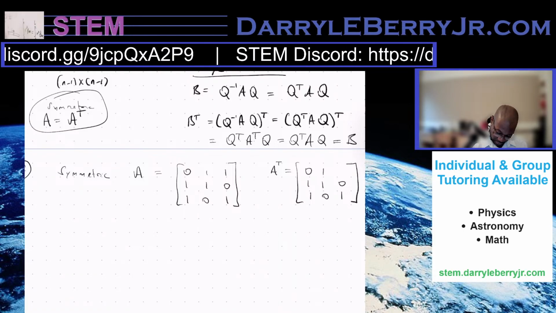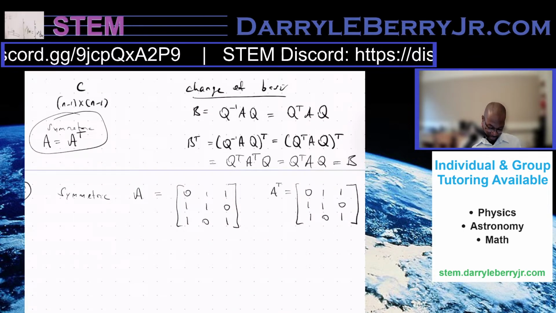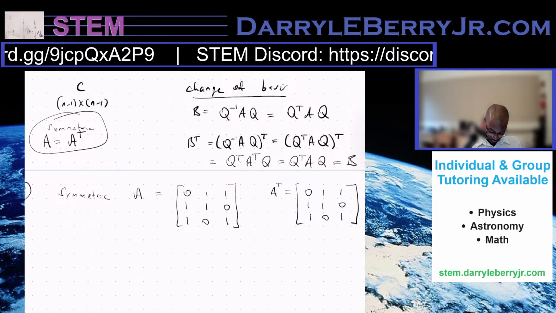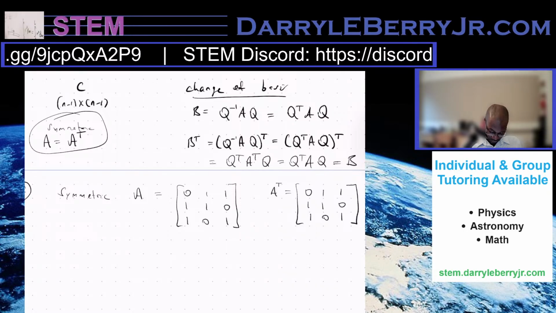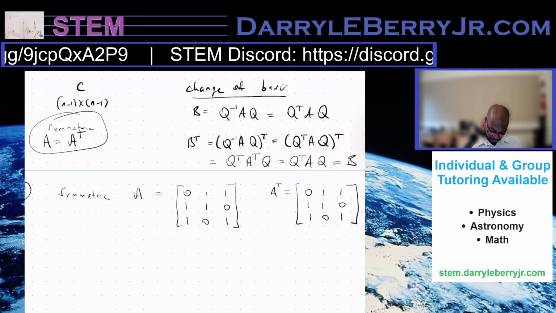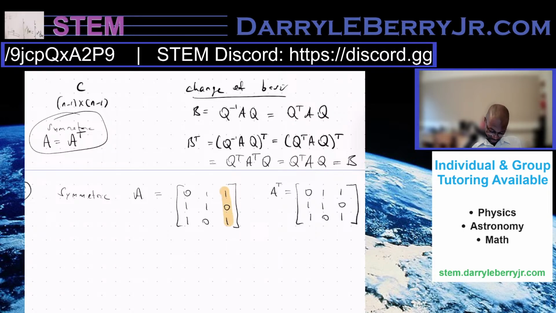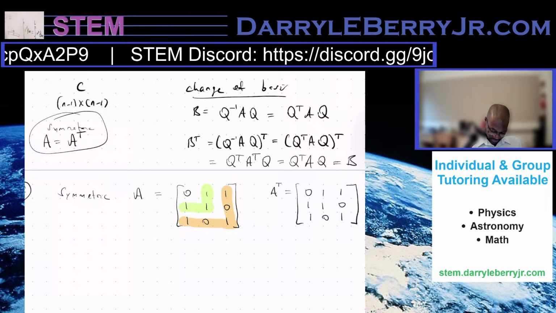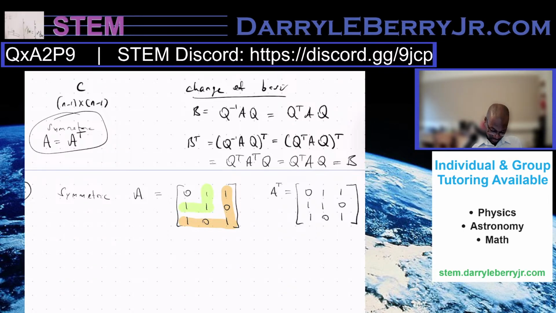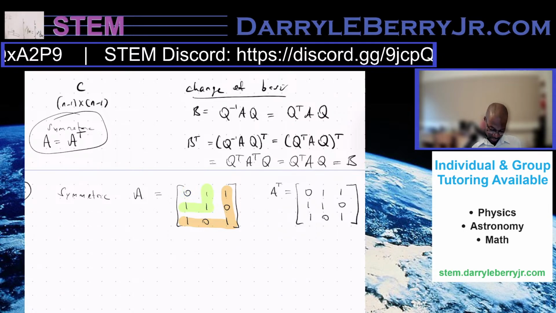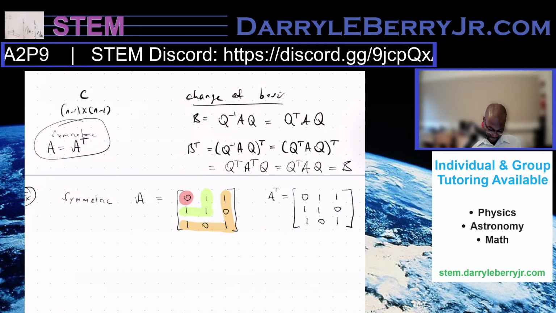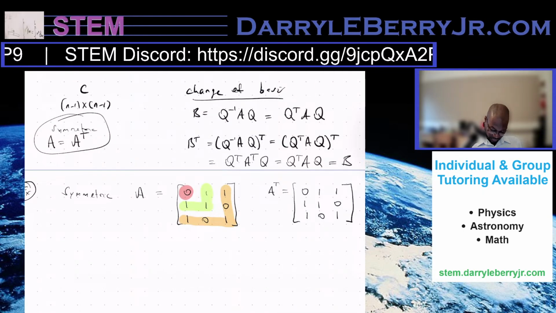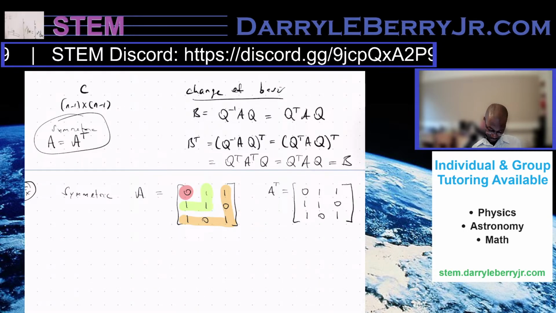So we see that the symmetric matrix A transpose does equal A. Right? So looking at the pattern, this has to be the same. This has to be the same. And then the corner doesn't really matter because it's the corner. So in order for it to be symmetric, it has to be symmetric about those axes. All right?